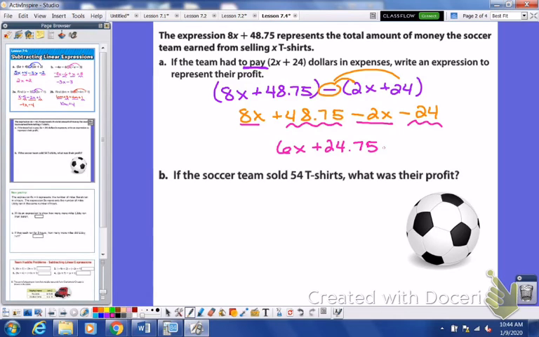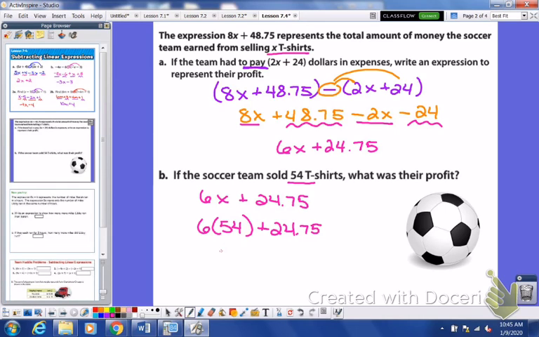6x plus $24.75. Okay, for part B, if the soccer team sold 54 t-shirts, what was their profit? All right, so we're going to bring our expression down. 6x plus $24.75. Well, we know from up above that x represents the number of t-shirts. We're told they sold 54, so we're going to substitute. So 6 times 54 plus $24.75.